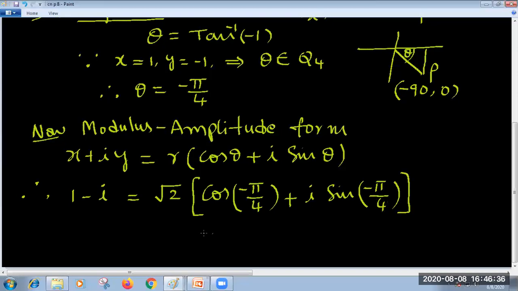So this is the modulus amplitude form of the given complex number.